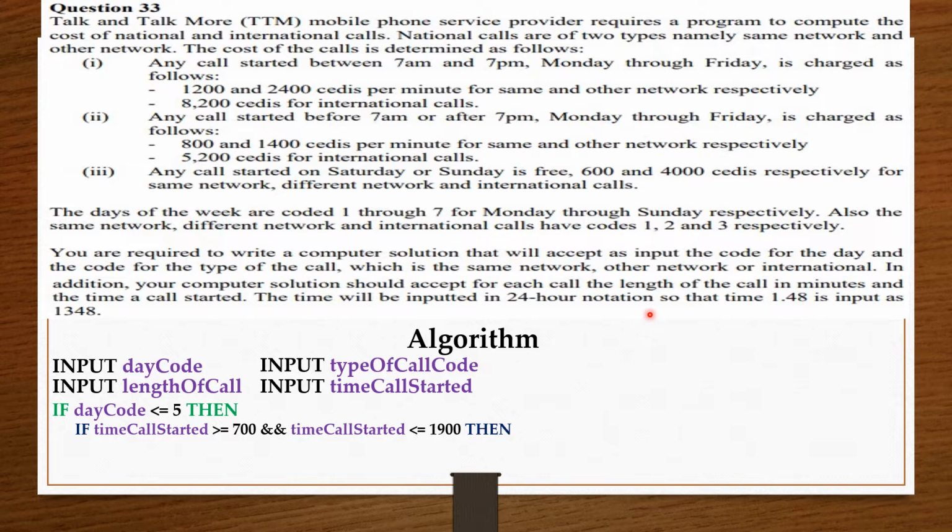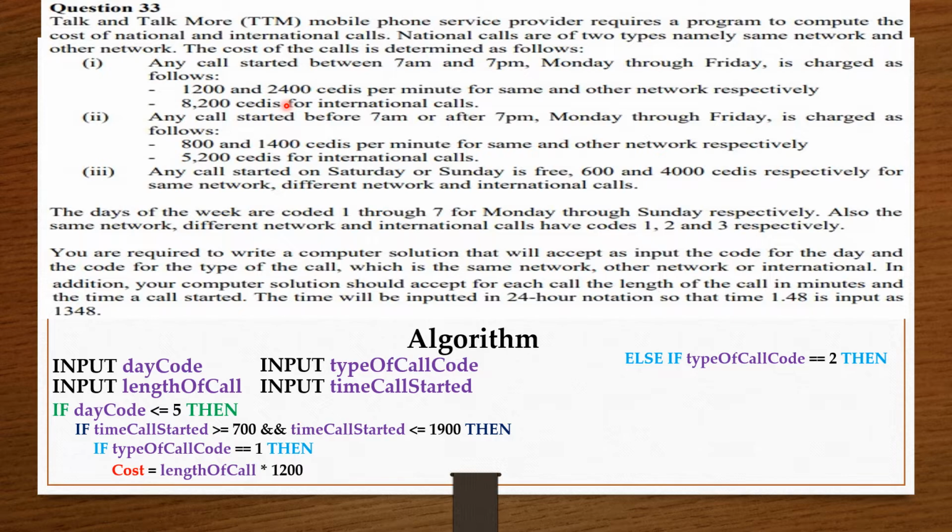Since there are three types of calls with codes 1 through 3, we say if the call type is 1, then the cost of the call is the length of the call times the charge for same network. Else, if the call type is 2, then the cost of the call is the length of the call times the charge for other networks.